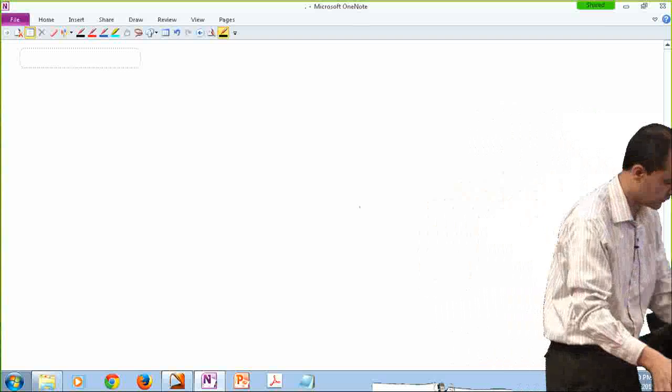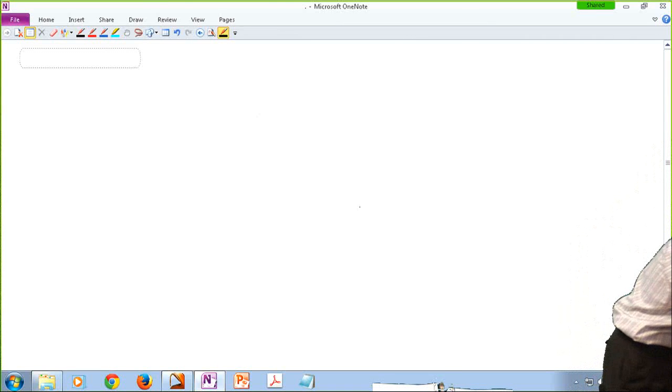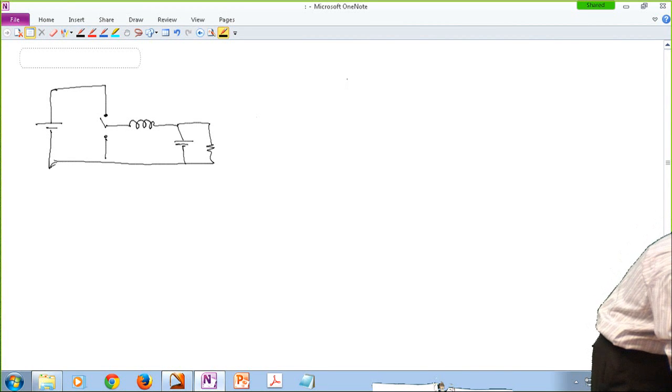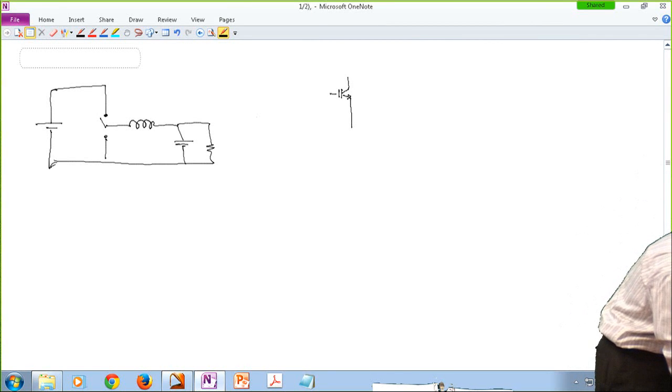So, for instance, what we saw last time was if you are trying to realize a buck converter like this. We looked at the switch realization and realized the top throw switch could be realized like an IGBT or a MOSFET, and the bottom one is basically a diode.